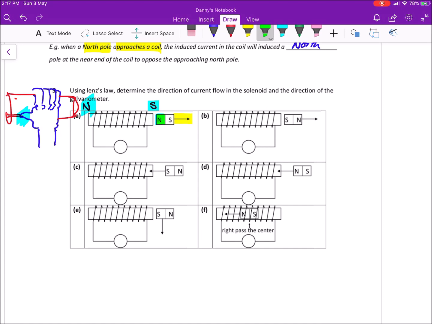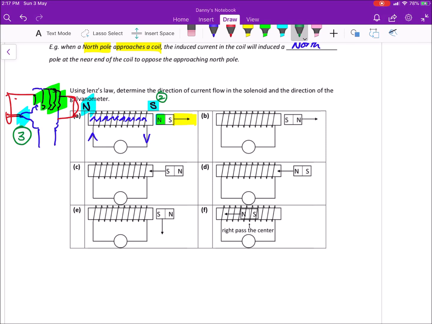So if I look at this, then I look at my fingers over here, I would know that the current has to go up like that. And if I go by this drawing, that means it will be like that. So by looking at the direction here, I will determine by Lenz's law what is my pole here, and finally what is the direction of the current using my right hand grip rule.